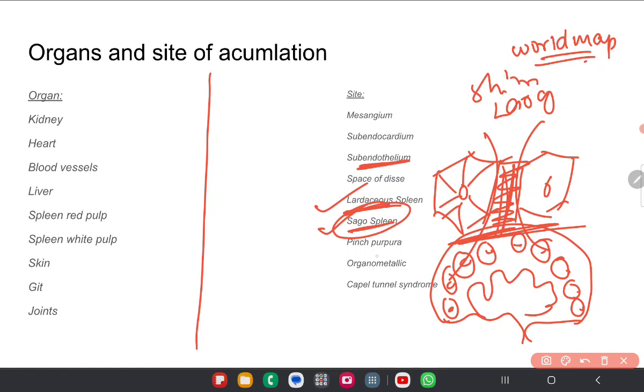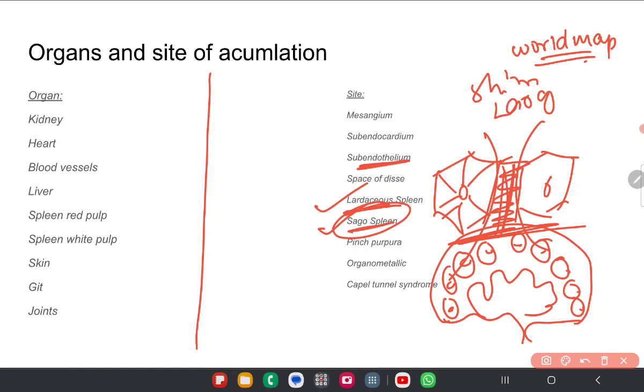And skin shows pinch purpura. We already discussed the endothelium. Whenever a touch or any pinch takes place, a reddish color appears due to breakage of the endothelium. Breakage of the endothelium causes blood release and leads to the red color appearance.